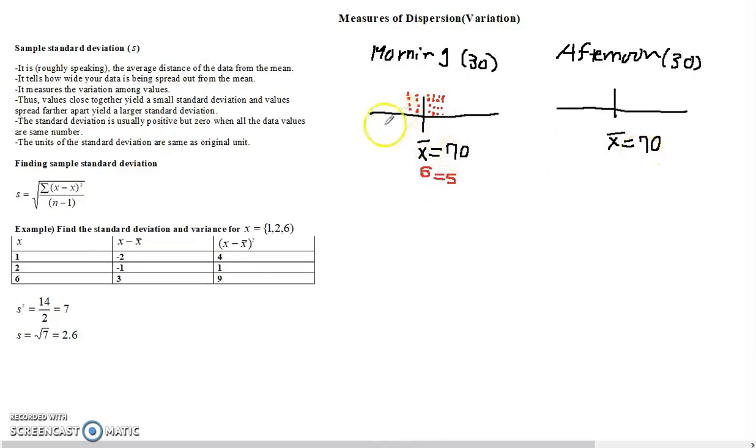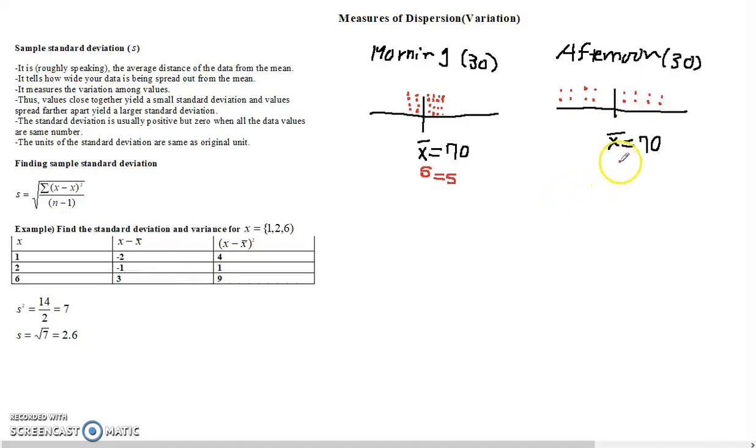But when I compare to the afternoon class, these red dots are the actual score of each student. Let's assume that those are 30. But the afternoon classes are much more distant, like so. They kind of spread out all over the place.